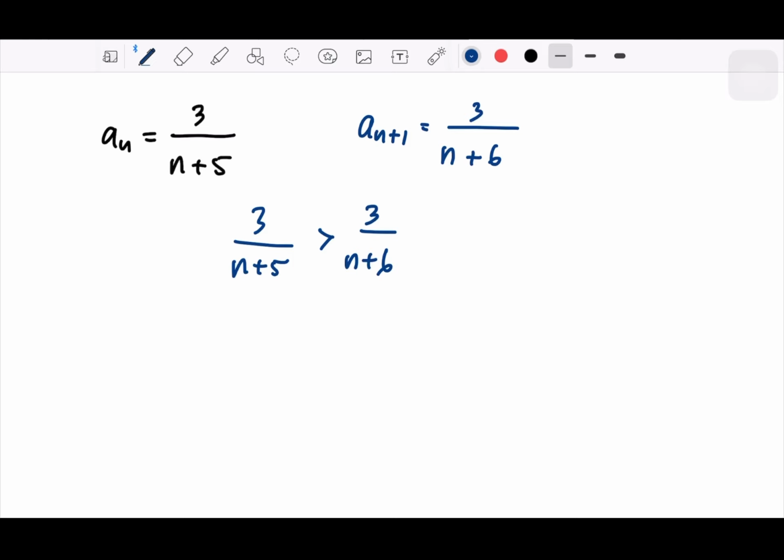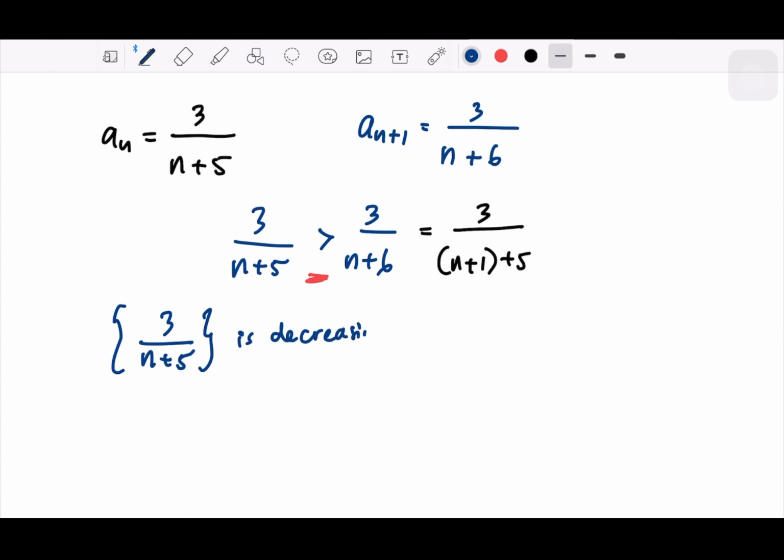And of course, we can say that this is true, because we can write this in terms of n plus 1 and n plus 5. So the sequence 3 over n plus 5 is decreasing for all n greater than or equal to 1.